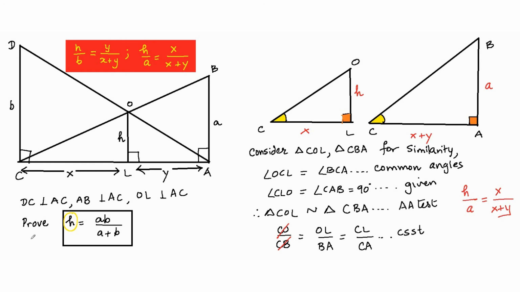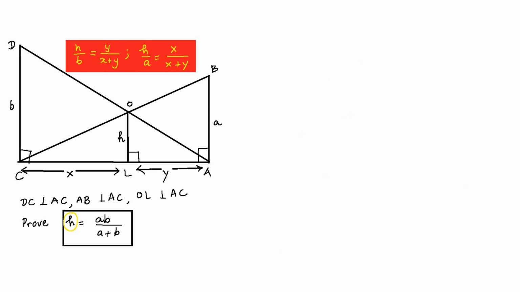Okay, now let's take a careful look at both the equations that we have so far. So we have h upon b and h upon a. So h upon b is equal to y upon x plus y, and h upon a is equal to x upon x plus y. Somehow I have to get rid of x and y.